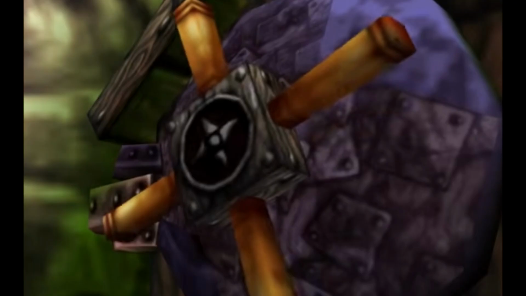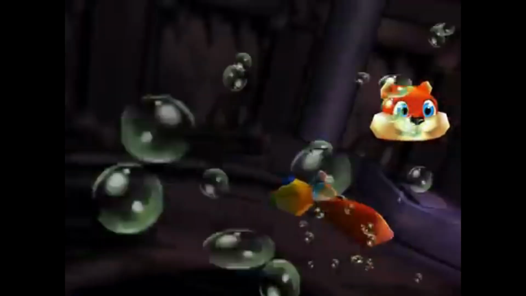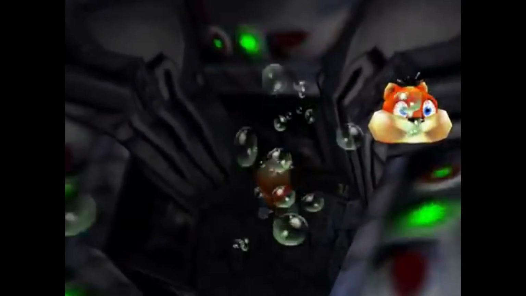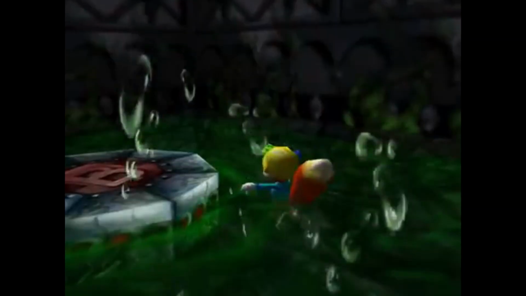And even inside the vault, it is decorated by little underwater entrances that have spinning lights that spin around and around the door.